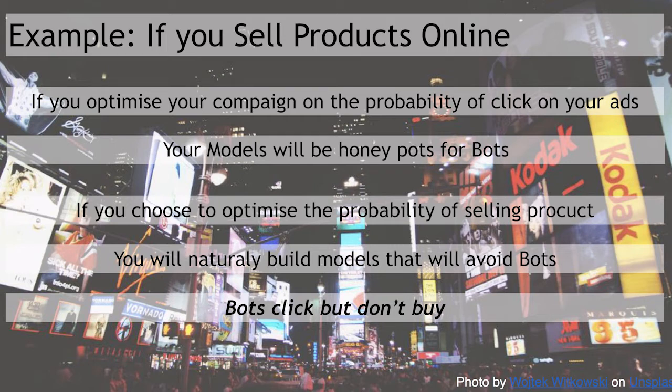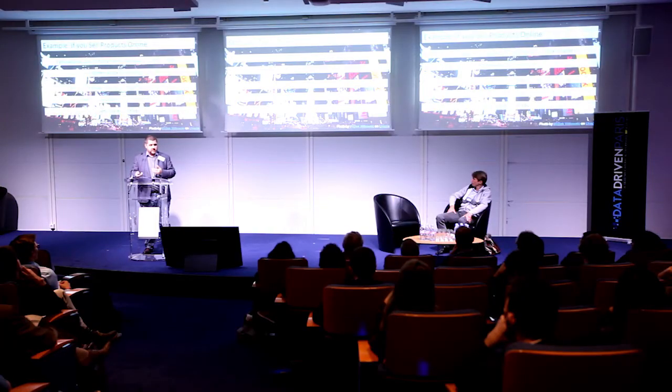What you really should be doing is improving the probability of selling a product. It's a little bit more difficult, yes. You have less data on that than you have on the clicks that you received. But while doing so, you will naturally build models that will avoid bots. Because bots click, yes, but they don't buy.